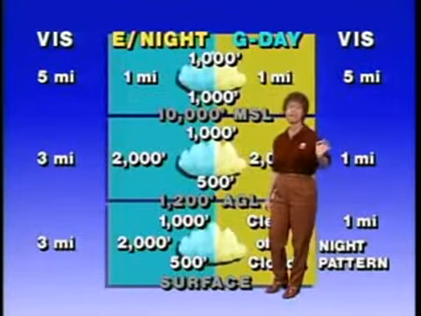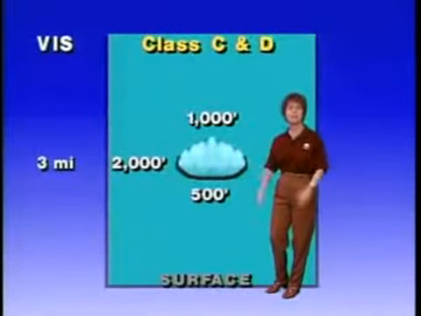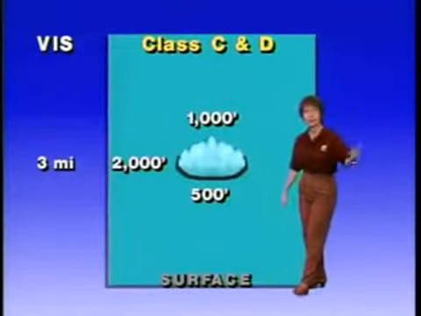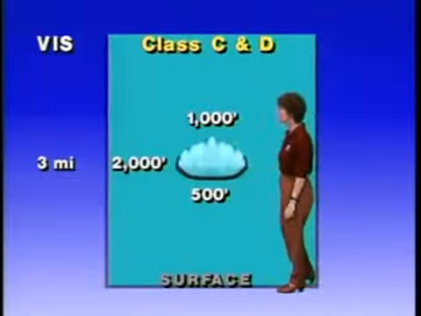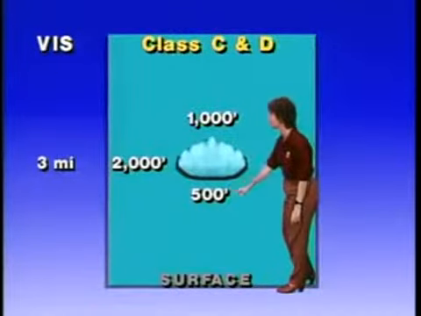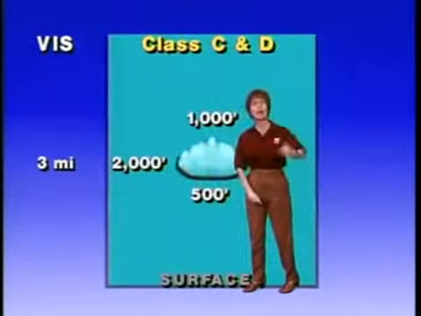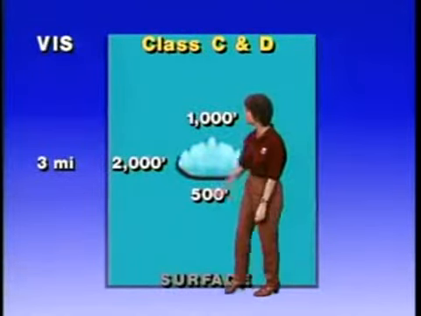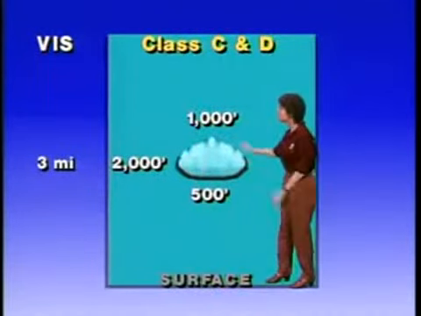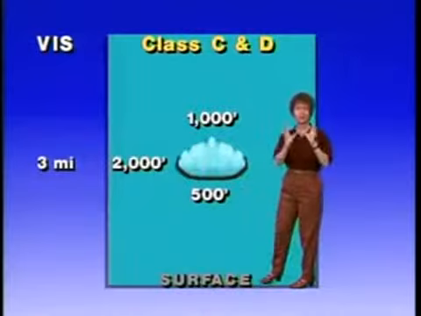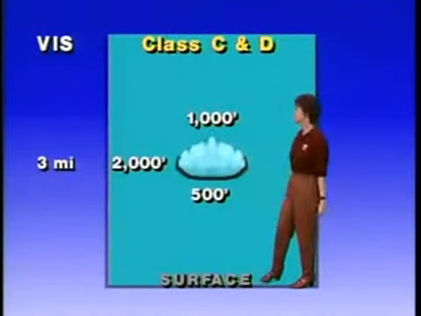What about Classes C and D airspace? In Classes C and D airspace, a type of controlled airspace, the cloud clearances are the same that we've been talking about: 500 feet below the clouds, 1,000 feet above the clouds, 2,000 feet horizontally, and the visibility is the same that we've been talking about, 3 statute miles visibility. The difference here is it does not make any difference what altitude you are, how high above the ground you are, whether or not you're above 10,000 feet.